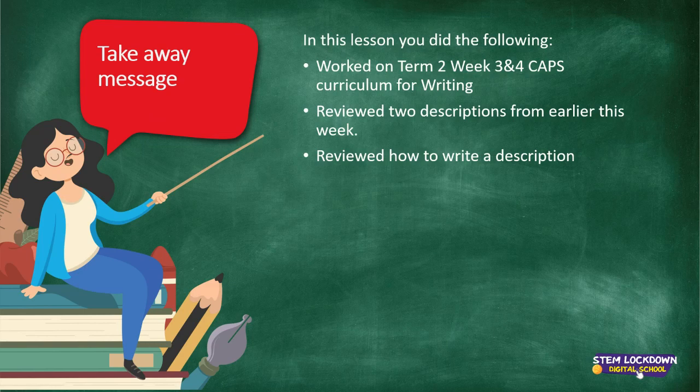You reviewed how to write a description. Then you reviewed our oral description from lesson 1 of the rhino, and it would be a good idea to make that into a written description as well, so that when you read on Flipgrid, you could read the elephant and the rhino if you wanted to.